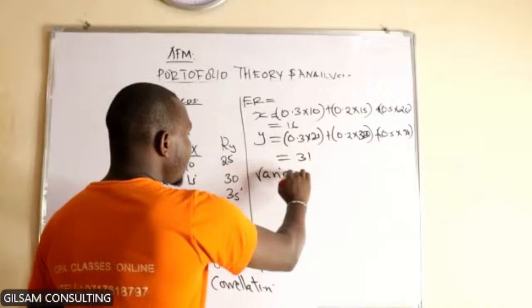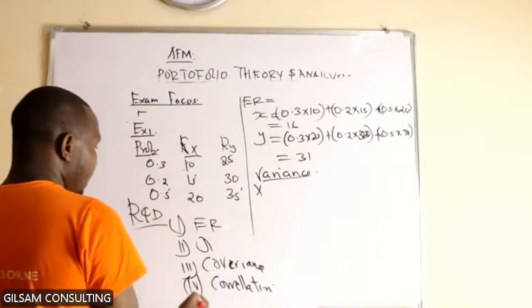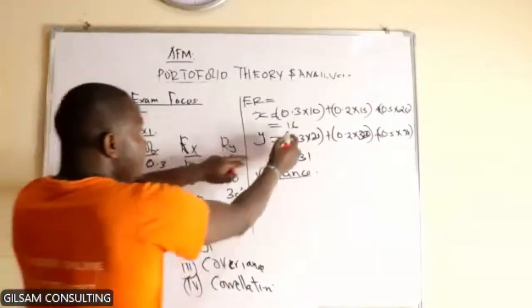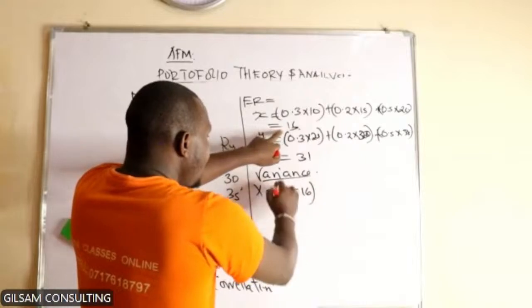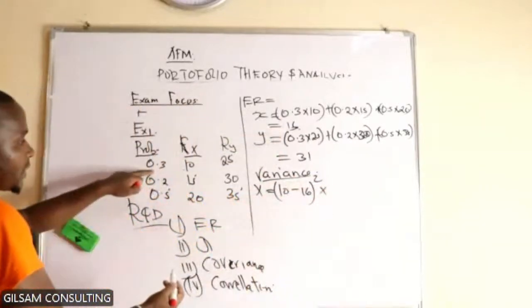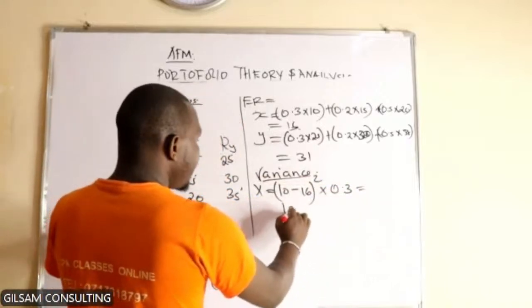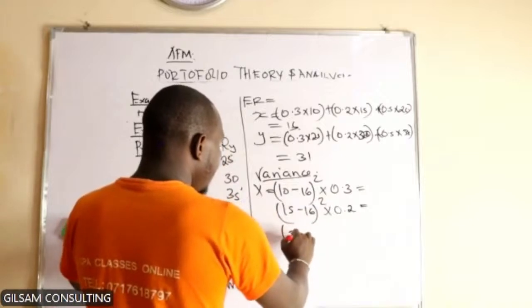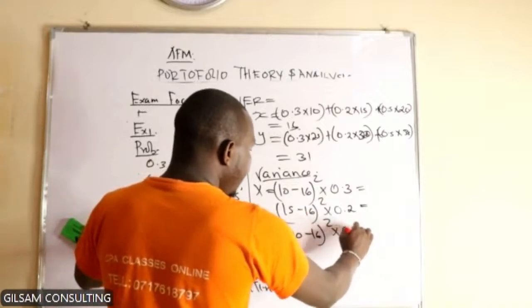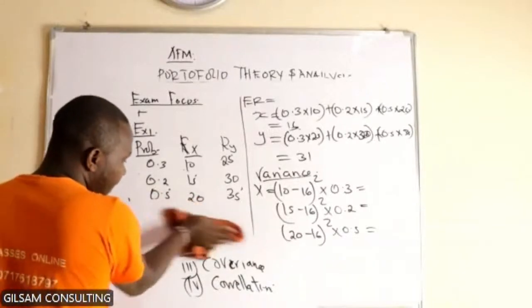We use the expected return: for return x, we take the return minus 16, squared, multiplied by the probability. 15 minus 16 squared by 0.2, then 20 minus 16 squared by 0.5. Then we take the square root. The standard deviation for y is 2.8.